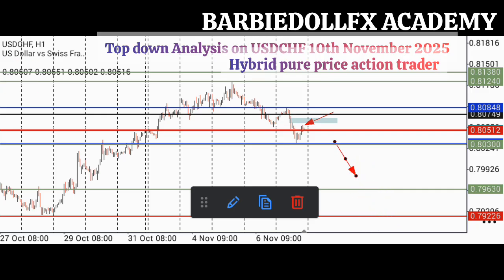Let's talk about another thing I want to talk about, the stop loss, how to place your stop loss. Now, if the sellers, maybe after there's a clear break and retest on the 8030 zone on this 1 hour time frame, and price closes below this 8030, then the stop loss above should be the previous structure.